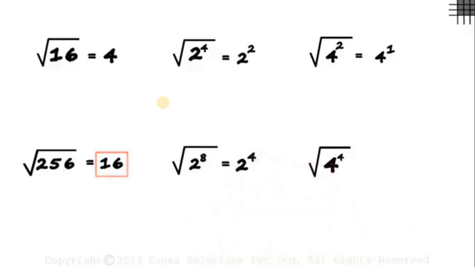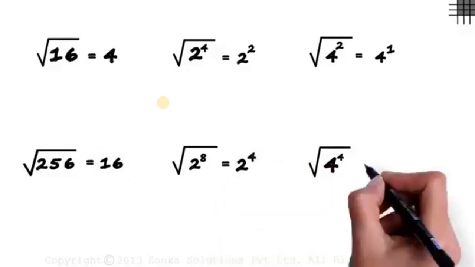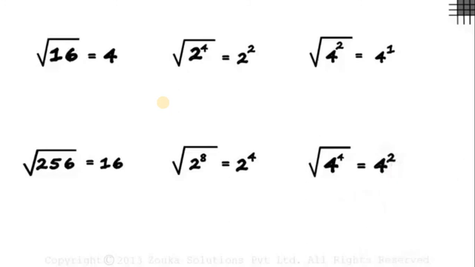And 16 can be written as 2 to the power of 4, and even 4 raised to 2. In this case, the base remains the same and the power is divided by 2. And here, it is the same base and the exponent is half.